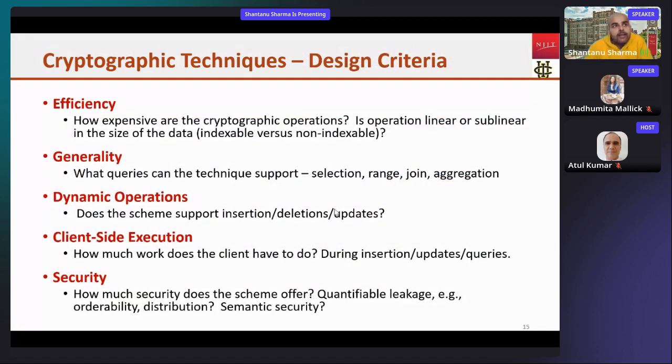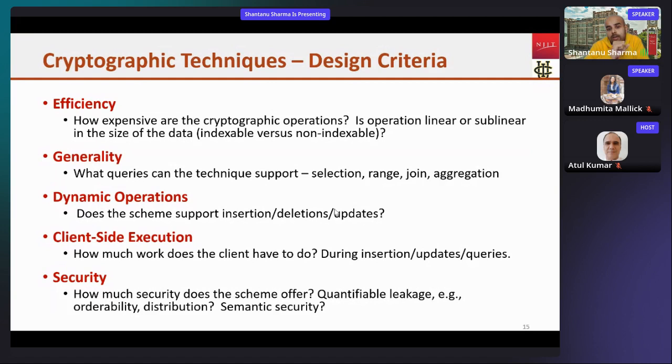Another part is this: even though they are not secure against different types of attack, they are still not able to support different types of operation as we want to do over our data set. For example, first of all, efficiency. As I told you multiple times, these techniques are not very efficient. Some techniques are required to read the entire data set, so we need to read from the first row to the last row, and then they can provide our results.